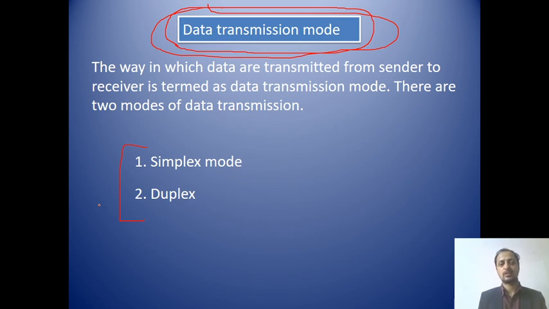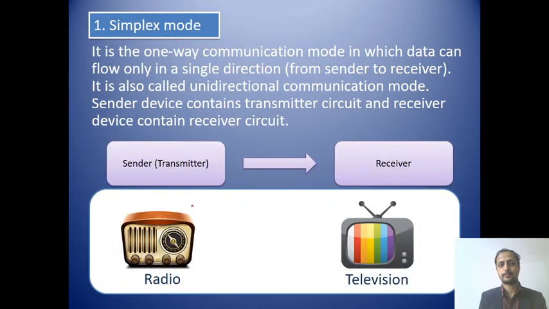In others, the data can be transmitted in both ways. Depending on that feature, the data transmission modes are of these two types. First is simplex mode and the second is duplex mode. Let's discuss simplex mode first.